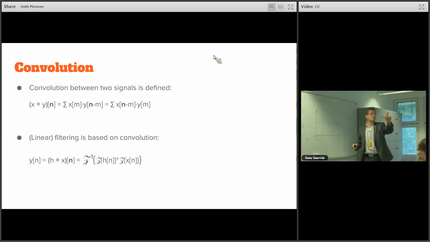In convolution, for some reason, you flip the other time axis. So instead of correlation and shifting, you would actually do a time reverse on the other one and do the same operation.